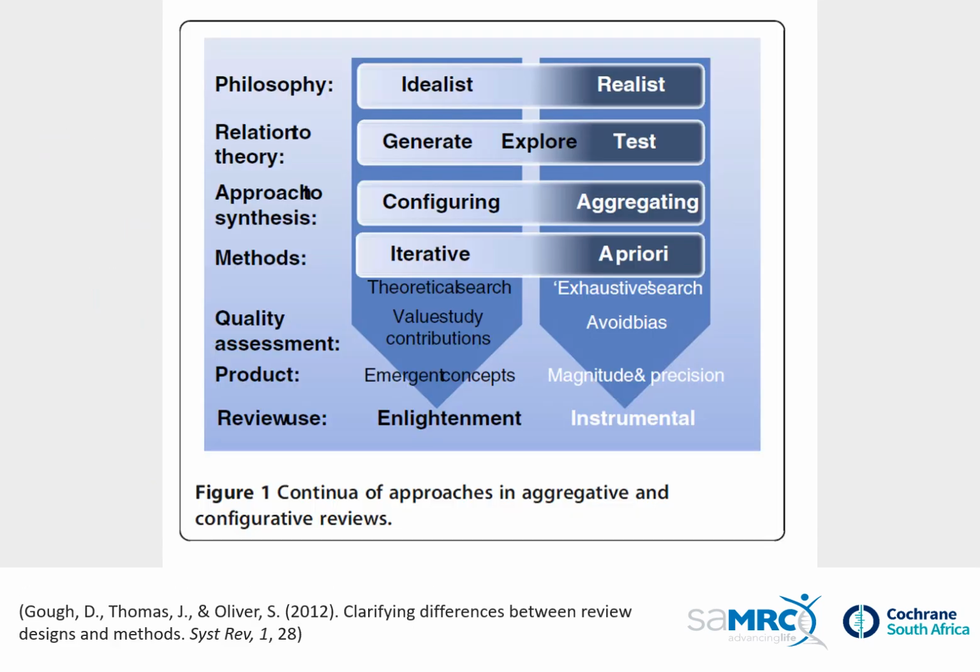So this figure was developed by Gough and colleagues, which is in your recommended reading. Here they attempt to put these and other dimensions together, looking at how the different concepts might be linked together.